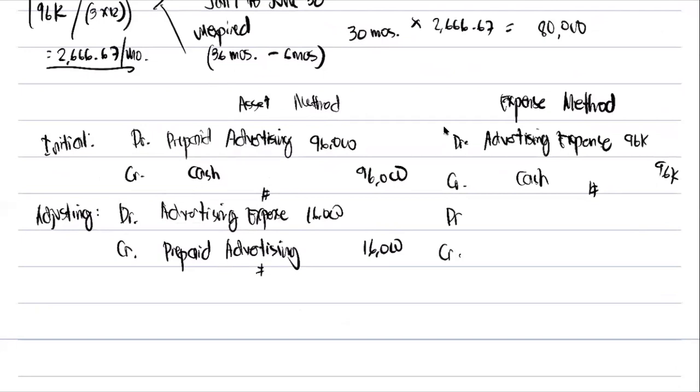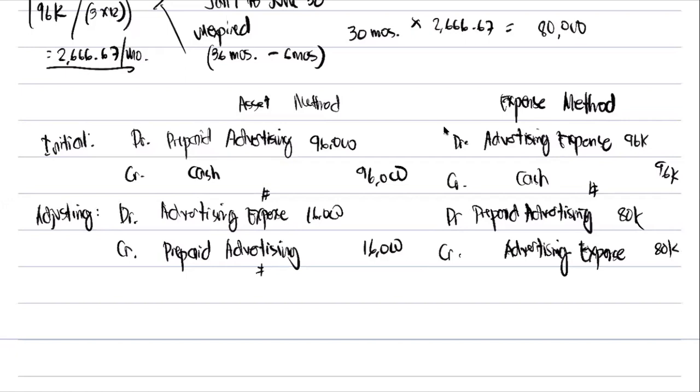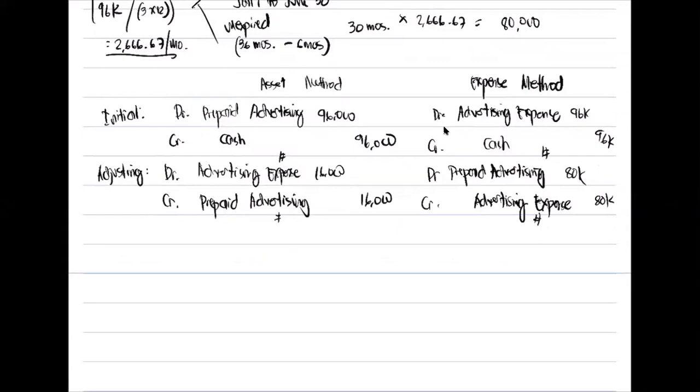So we debit an asset, we recognize prepaid advertising, and we credit advertising expense amounting to 80,000, the unexpired portion. So let's test whether either asset method or expense method, we will yield the same amount.